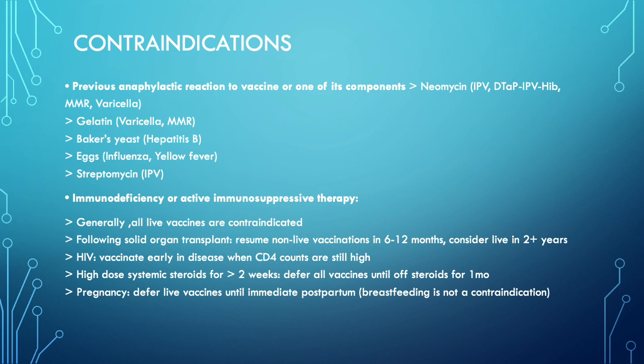So it might need to be done after 6 to 12 months following a transplant, or early in disease when CD4 counts are high in HIV, or after steroid use for at least 1 month. And pregnancy, usually live vaccines are deferred till immediate postpartum period.